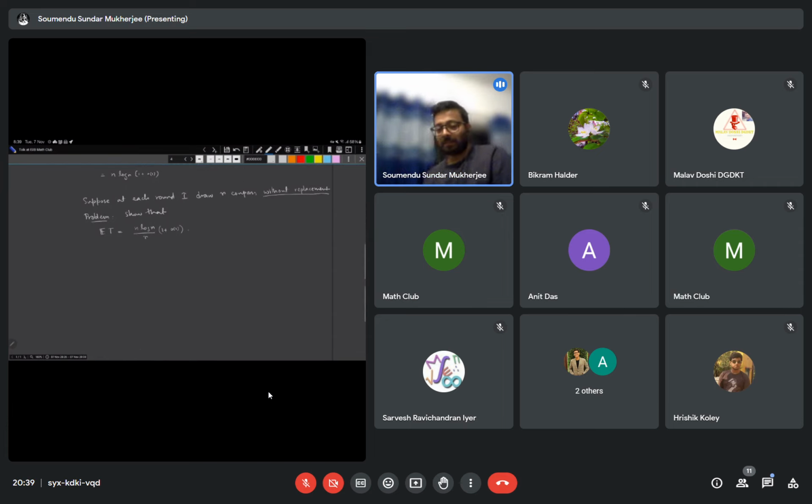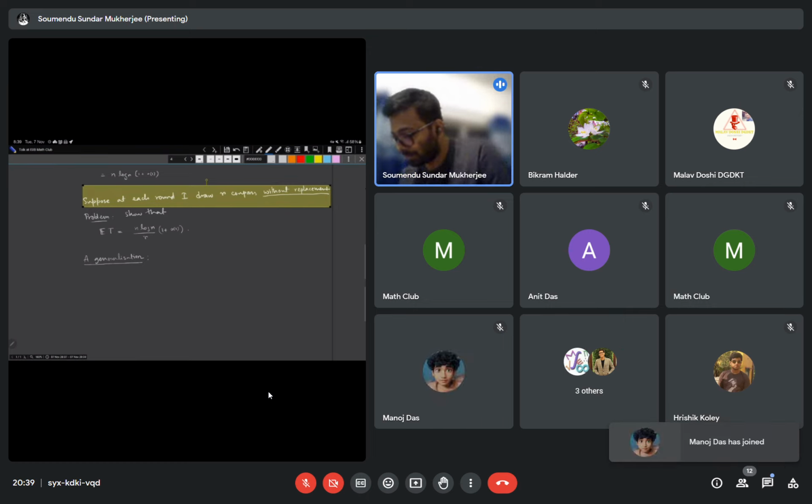At each round, I will draw R coupons at random without replacement, and I will look at all possible occurrences of S subsets of coupons.